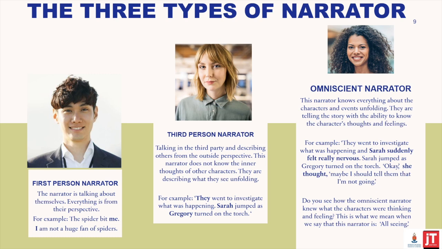See how that narrator, it's a lovely way of narrating, because then you can really explore every character's thoughts and feelings, and the audience knows everything in that regard. Okay. Do you see how the omniscient narrator knew what the characters were thinking and feeling? This is what we mean when we say that this narrator is all-seeing, omniscient.